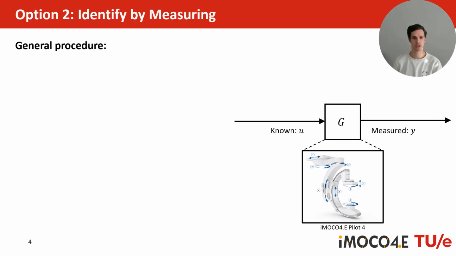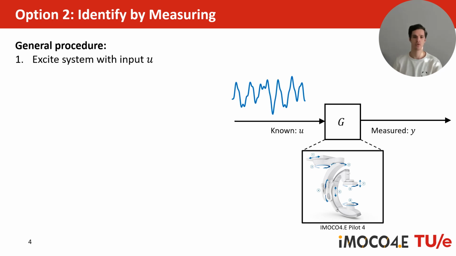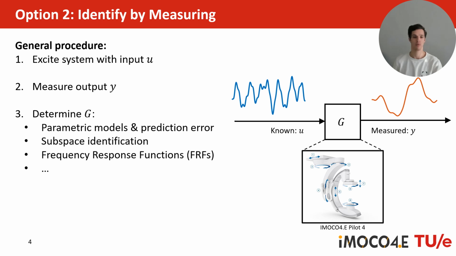A second option, which is done a lot in industry, is to identify the system by measuring. A general procedure goes as follows. We create some sort of input U, and we excite the system with this. Then we measure the output Y, and we determine G. That can be a parametric model using some prediction error method.